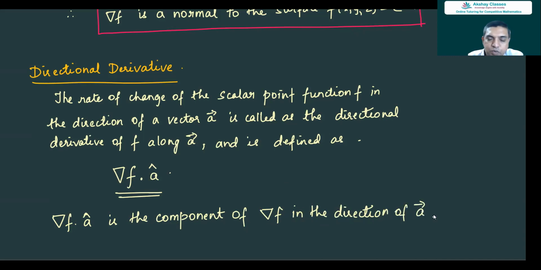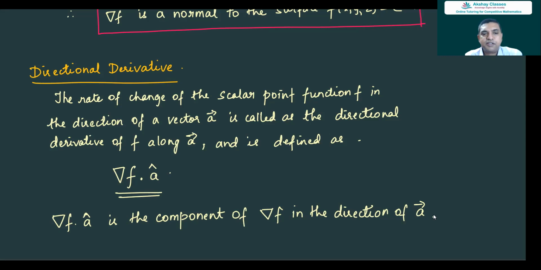Yesterday we discussed how the dot product works. We talked in terms of the projection. The projection of a vector A along a vector B was A bar dot B cap.